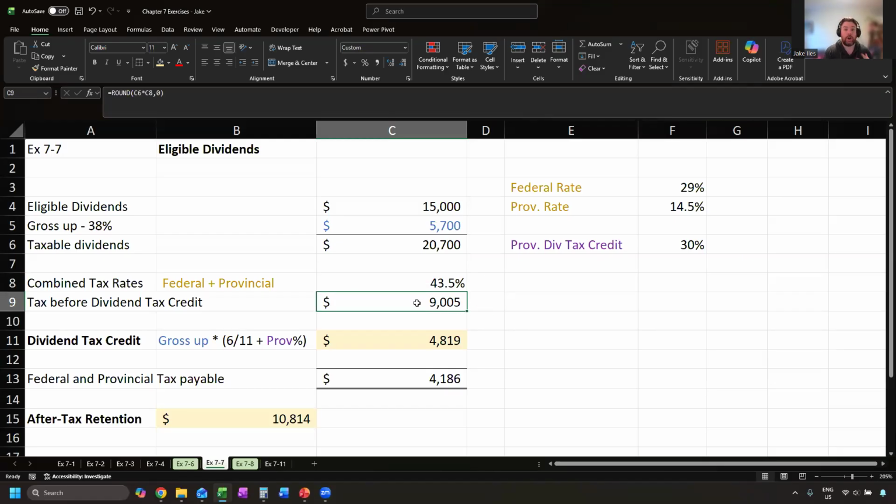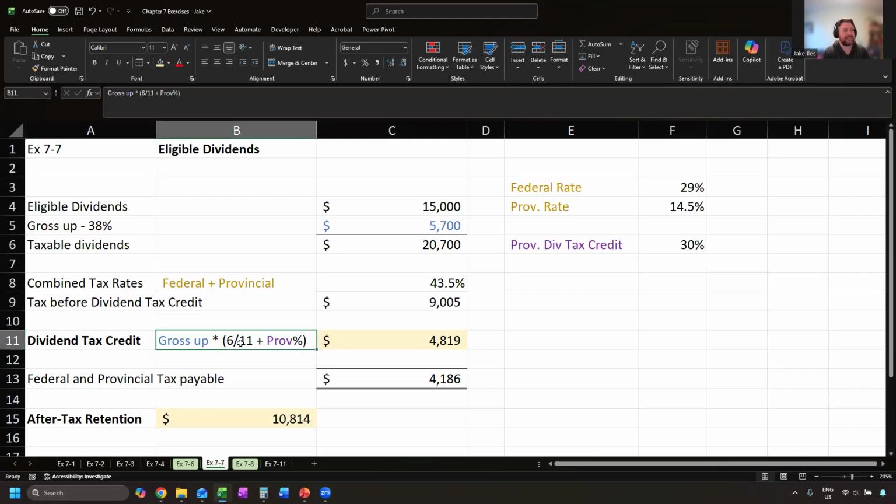So Miss Holt owes $9,000 in taxes, but the corporation's already paid some of those taxes, so we need to get a credit. For the dividend tax credit, we will apply 6/11ths times the gross up, plus the provincial credit rate times the gross up. Whenever you're taking two numbers times the gross up, we can add those together.